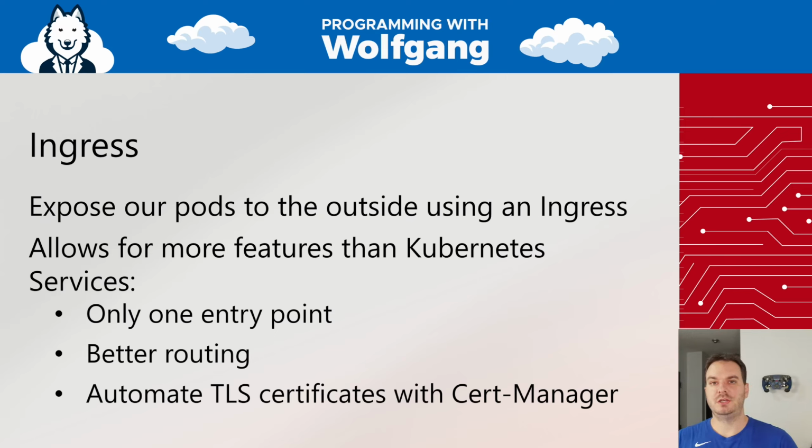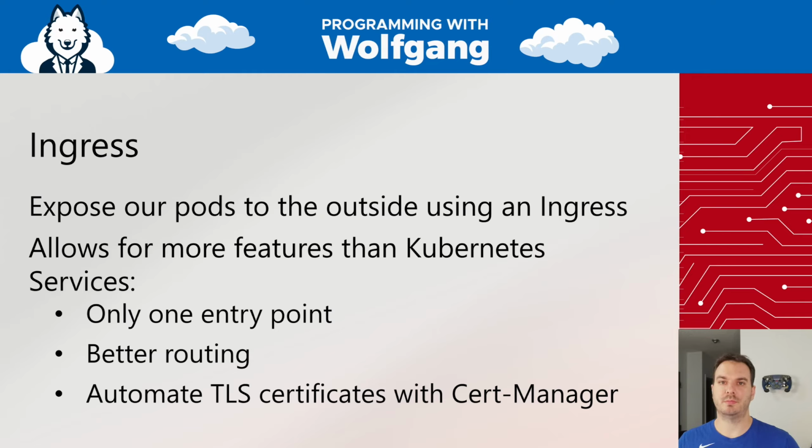And one of my favorite features is we can automate the TLS certificate management with another Kubernetes object. It's called Cert Manager. And with this Cert Manager, we can tell it to create a certificate, for example, with Let's Encrypt, and the Cert Manager takes care of everything. Also, before the certificate expires, the Cert Manager just renews it.